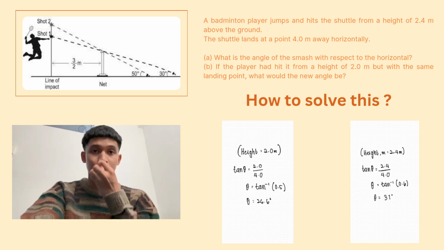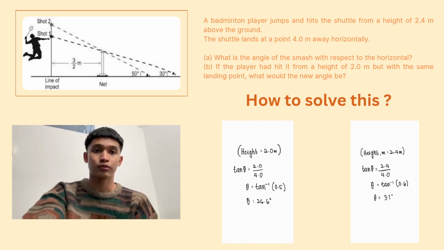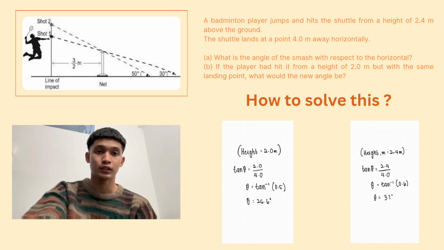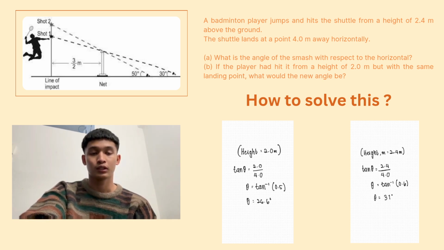So tan theta equals 2.4 per 4.0, and theta equals tan inverse of 0.6, and theta equals 31 degrees. So the answer of A is 26.6 degrees, and the answer of question B is 31 degrees.